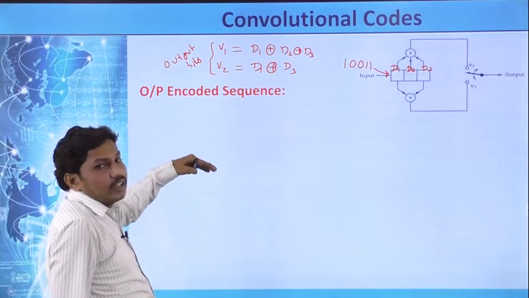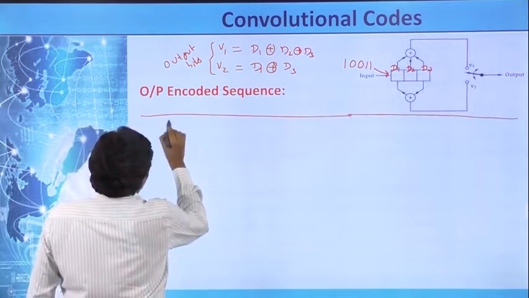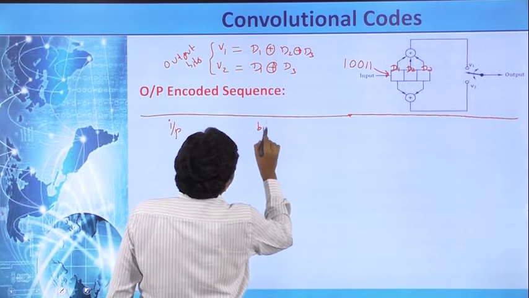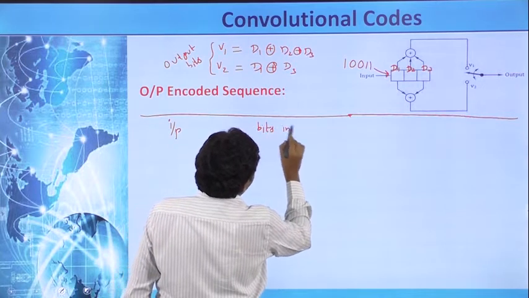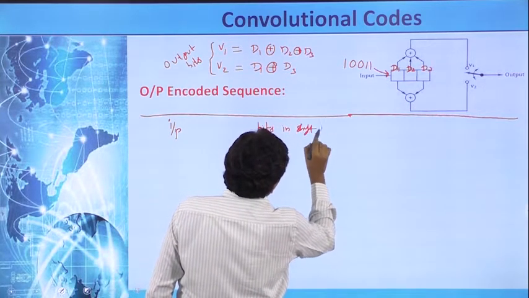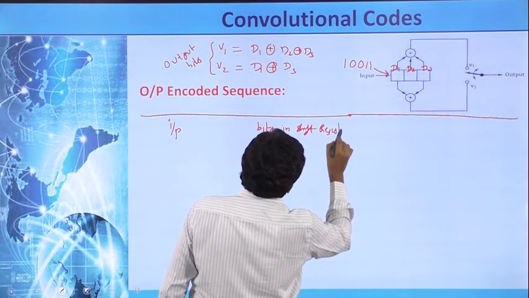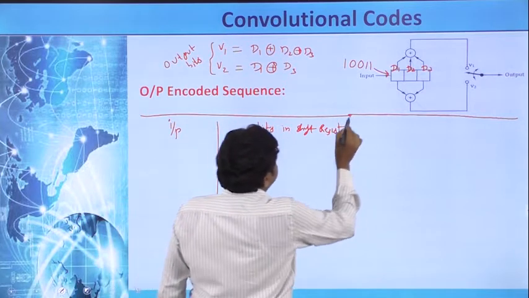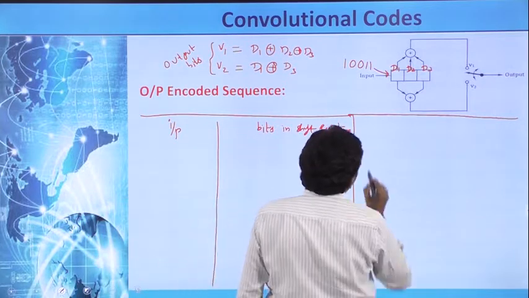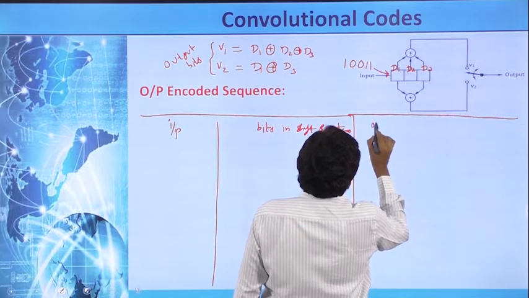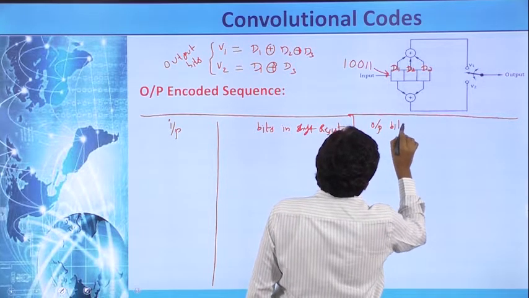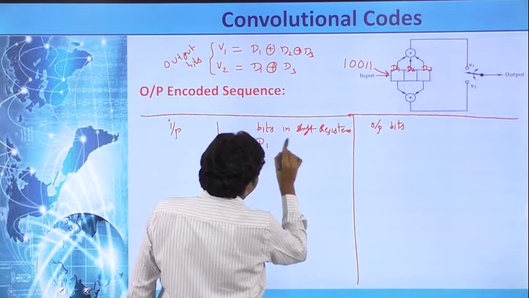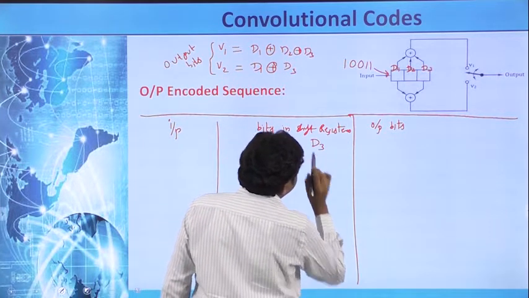Now how to calculate the output of the encoder? First is the input bits, second is the bits in shift registers, and third is the output bits. So the bits in shift registers are D1, D2, D3.